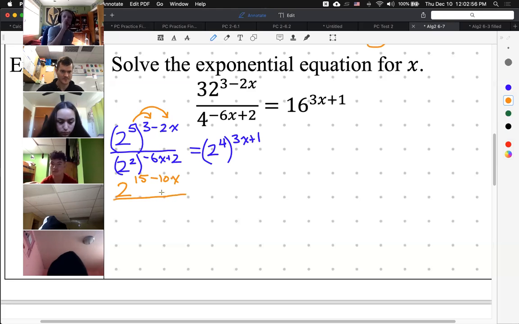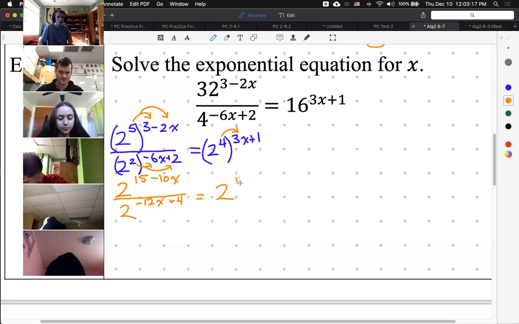What about the denominator? And then it'll be 2 to the power of 12x plus 4. And on the right-hand side? Or equals 12x plus 4. Nice.